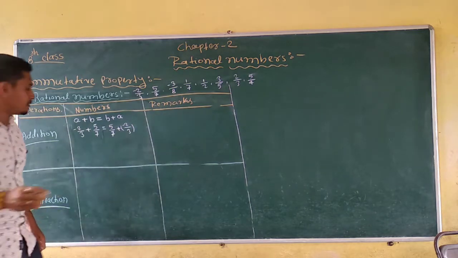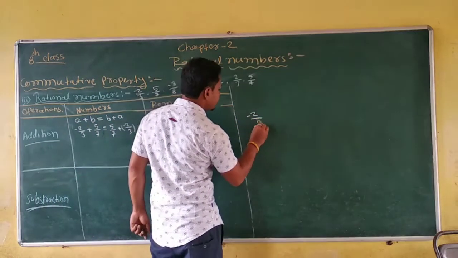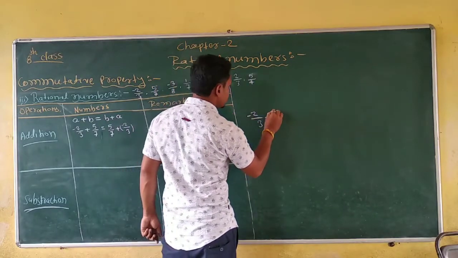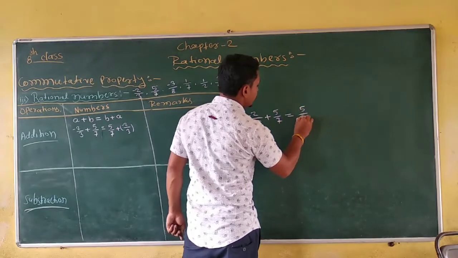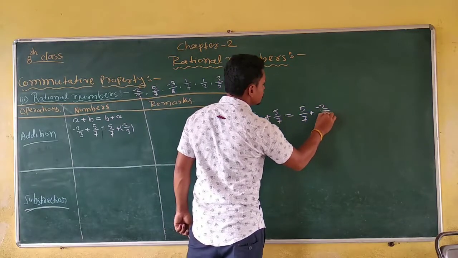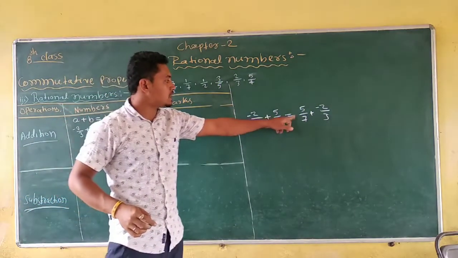So let's check here. a plus b, minus 2 by 3 plus 5 by 7, is equal to 5 by 7 plus minus 2 by 3.